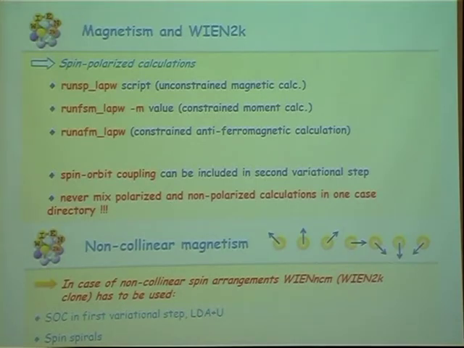There are often some complicated situations where an unconstrained magnetic calculation may have difficulties to converge. So think of a situation where the total energy as a function of the magnetic moment could look, for instance, something like this.